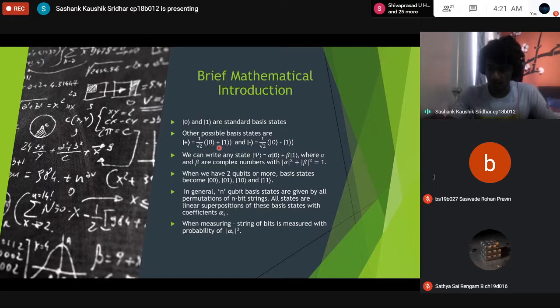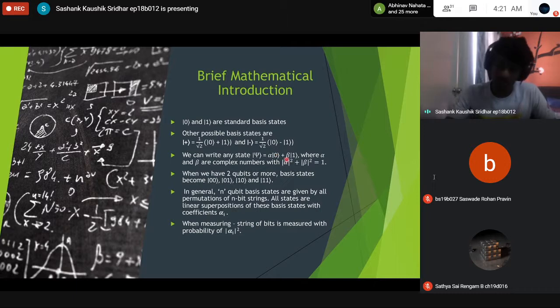Now, we can write any state psi as a superposition of these basis states. We'll be sticking to 0 and 1 for the rest of the presentation. So these alpha and beta are the coefficients. As we saw in the Bloch sphere notation, we had cos theta by 2 and e power j phi sine theta by 2.